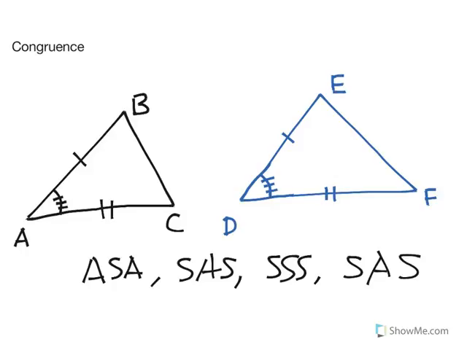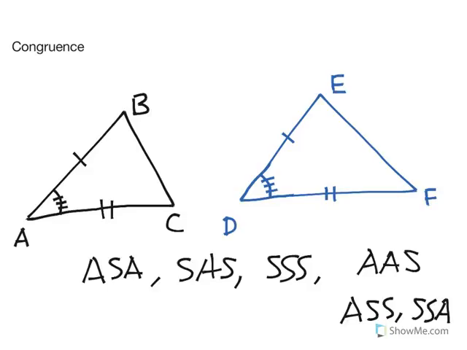There are a few that you aren't supposed to use, like ASS or SSA, and that's about it. These theorems help us prove that one side of a triangle is congruent to another side.